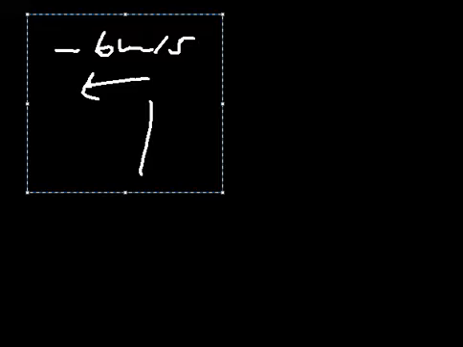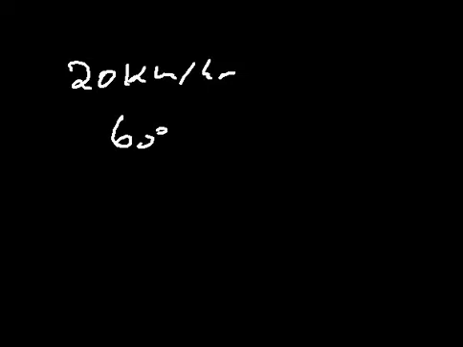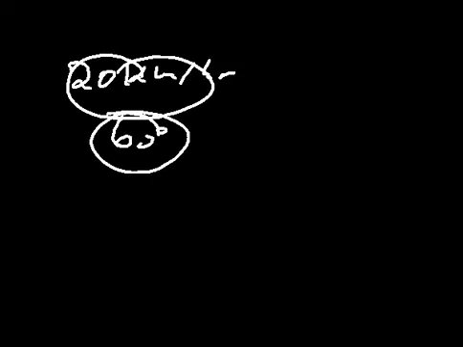The direction can also be given in terms of angles, and that's what you call the bearing. We can have the object moving at 20 kilometers per hour at 60 degrees. This is the magnitude and this is the direction.